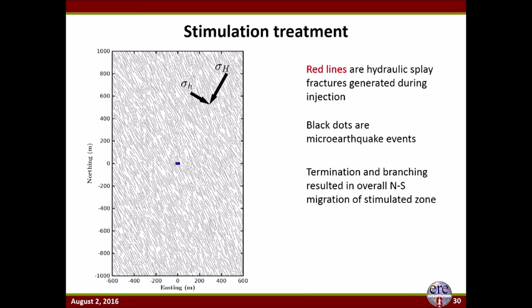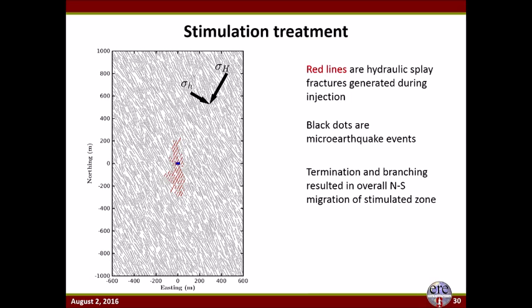So I just want to run through a quick video that demonstrates the results of the 4 stimulation treatments in one of the wells. So in this video, what you're seeing are the black lines, which are the natural fractures. The red lines are the hydraulic splay fractures that are propagating off of the natural fractures and terminating against their neighbors.